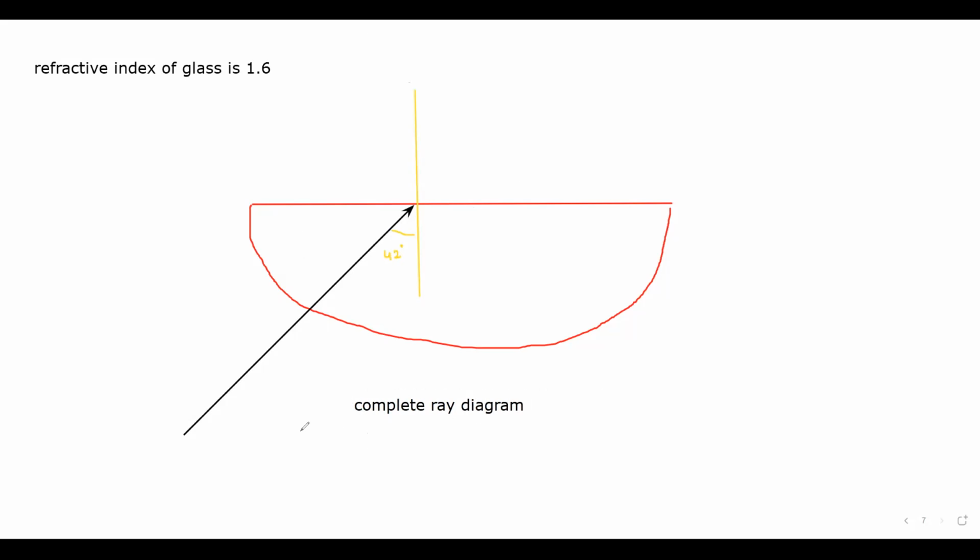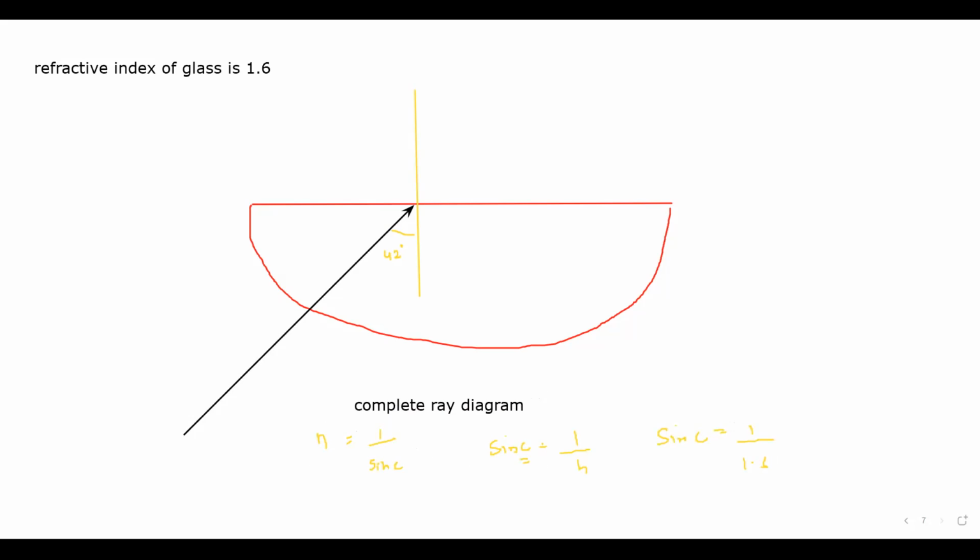So first we'll find the critical angle, the formula which relates the critical angle and refractive index. Refractive index is equal to 1 over sine C, or sine C is equal to 1 over n. We need C. So sine C is equal to 1 divided by 1.6. What's the answer? 1 divided by 1.6 is 0.625.